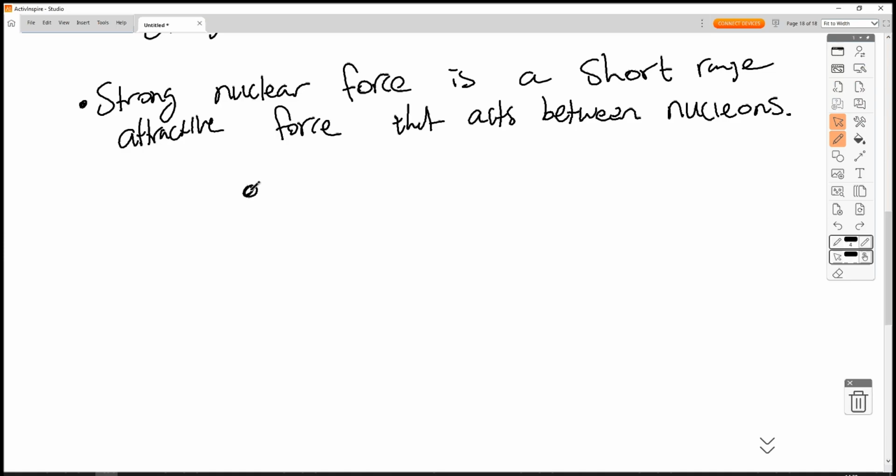So the rough separations, we have a proton and another proton, would be roughly 3 femtometers at a maximum value.